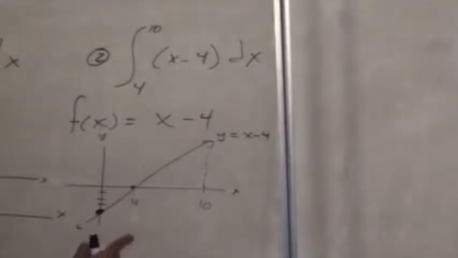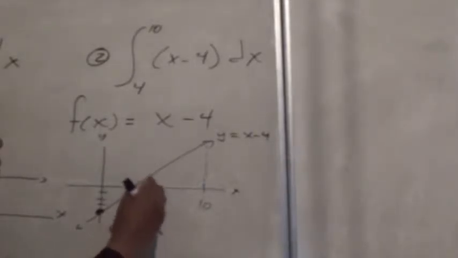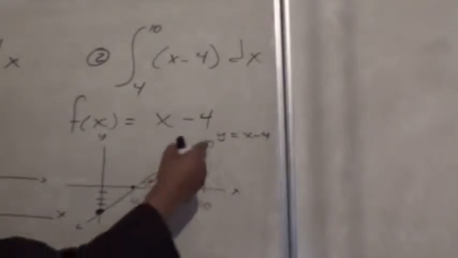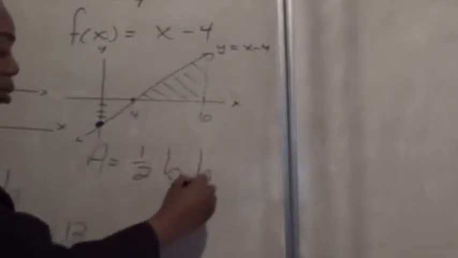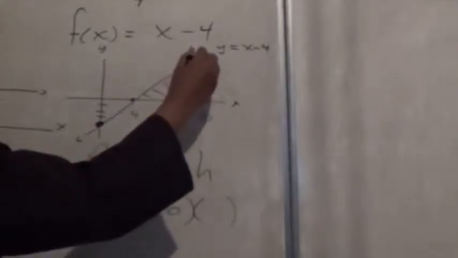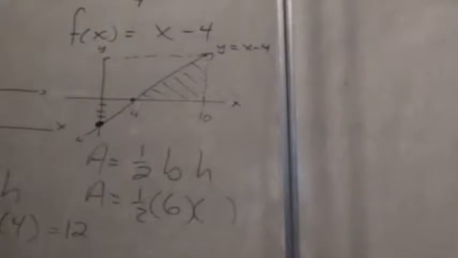The shape that we just formed is a right triangle, and we want the area underneath this curve down to the x-axis. For a right triangle, the area is 1/2 base times height, and the base of this triangle is from 4 to 10. That's a base of 6. To find the height of this triangle, I have to put the value of 10 into the function.